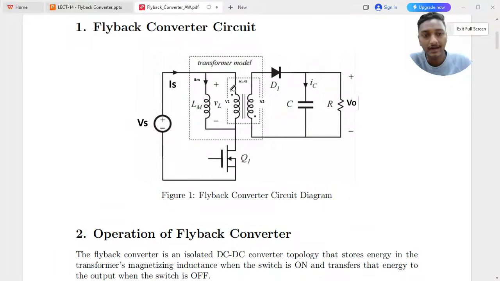Either I can boost my output voltage or I can buck my output voltage, and isolation is also there. This isolation is very important when we go for some critical application. But if we use a normal buck converter, boost converter or buck-boost converter, there is no isolation as well. That is why this is an isolated type of topology which we can use for buck as well as boost mode.